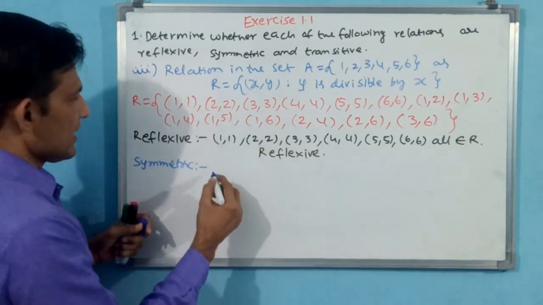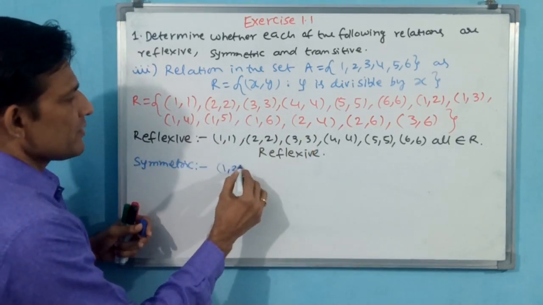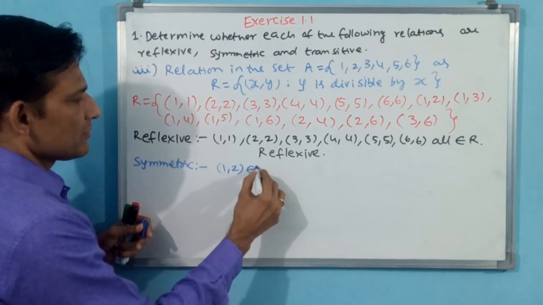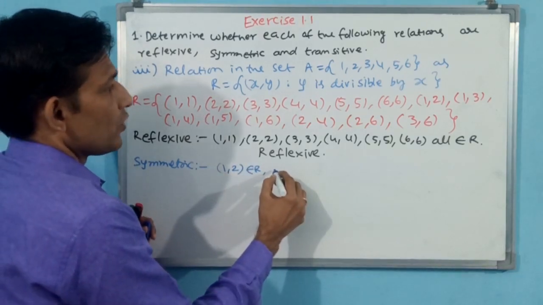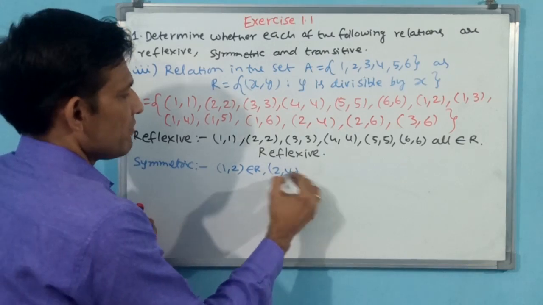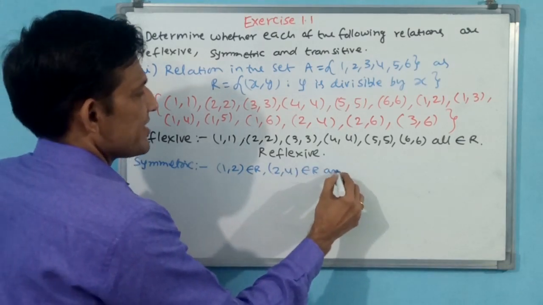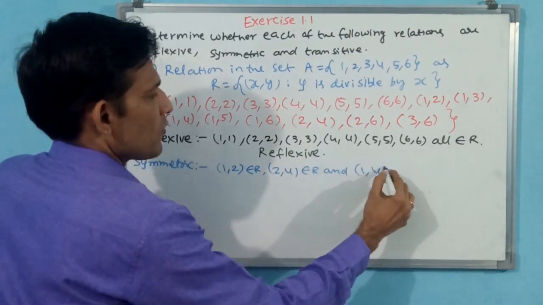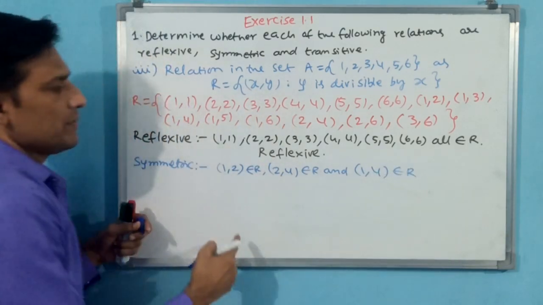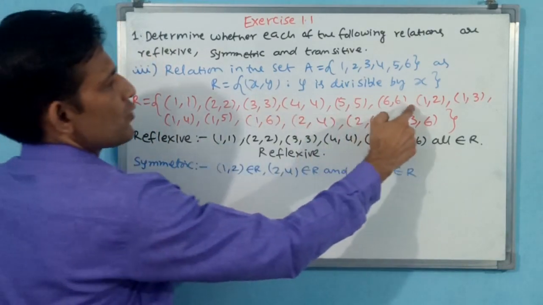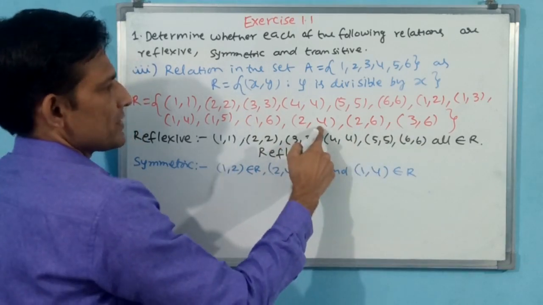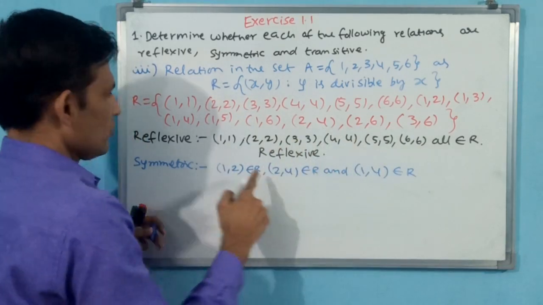Okay, now you see here what I am writing. 1 to 2 belongs to R, comma, 2 to 4 belongs to R, and 1 to 4 belongs to R. You see, 1 to 2 is there, 2 to 4 is there, A to B.